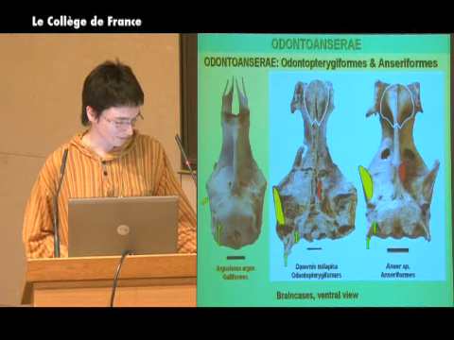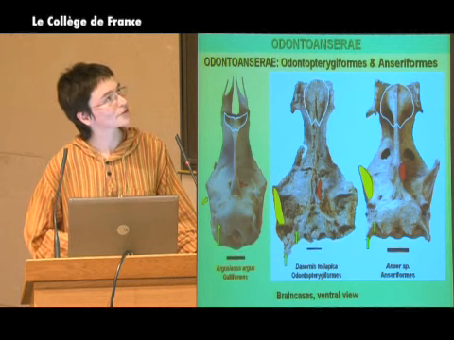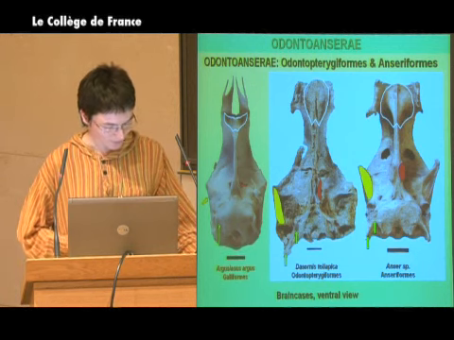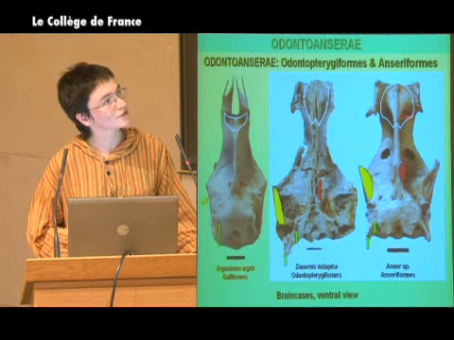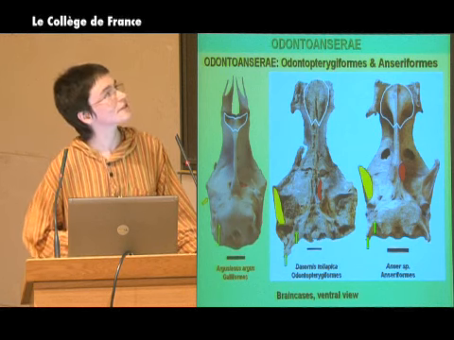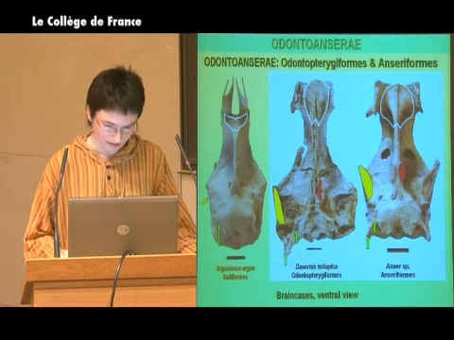And finally, the shape of the mesethmoid bone in the Odontoanserae: it's a very large mesethmoid, which shows a deep depression here for the caudal concha. And we see that in galliforms, the condition is completely different.